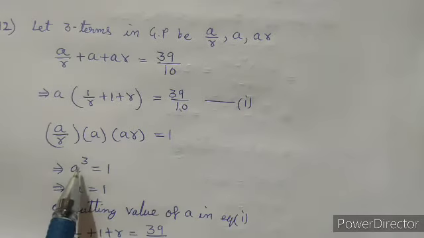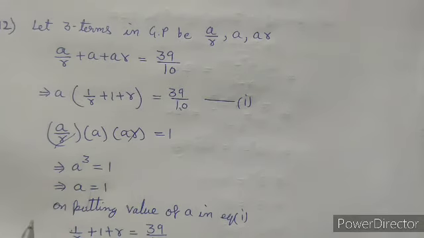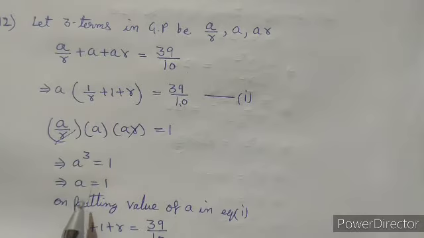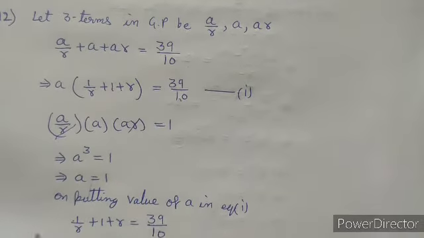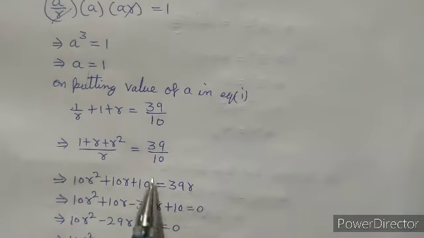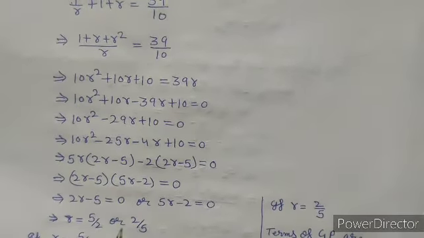That will give us a³ equal to 1. r will cancel out, and thus we can say that a equal to 1. Now putting the value of a in equation first, we are getting value of r as 5 upon 2 or 2 upon 5.